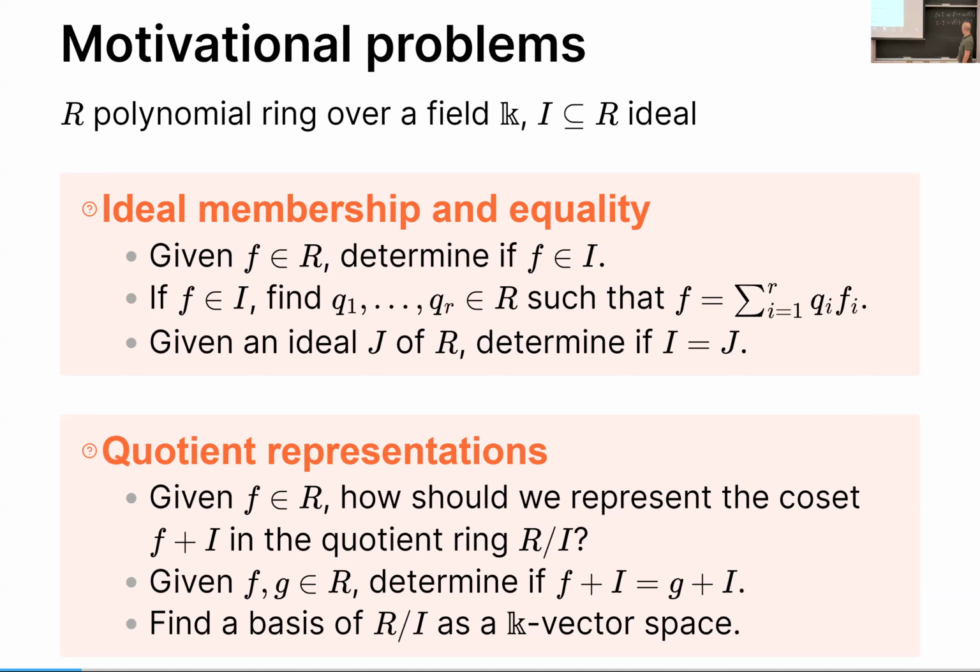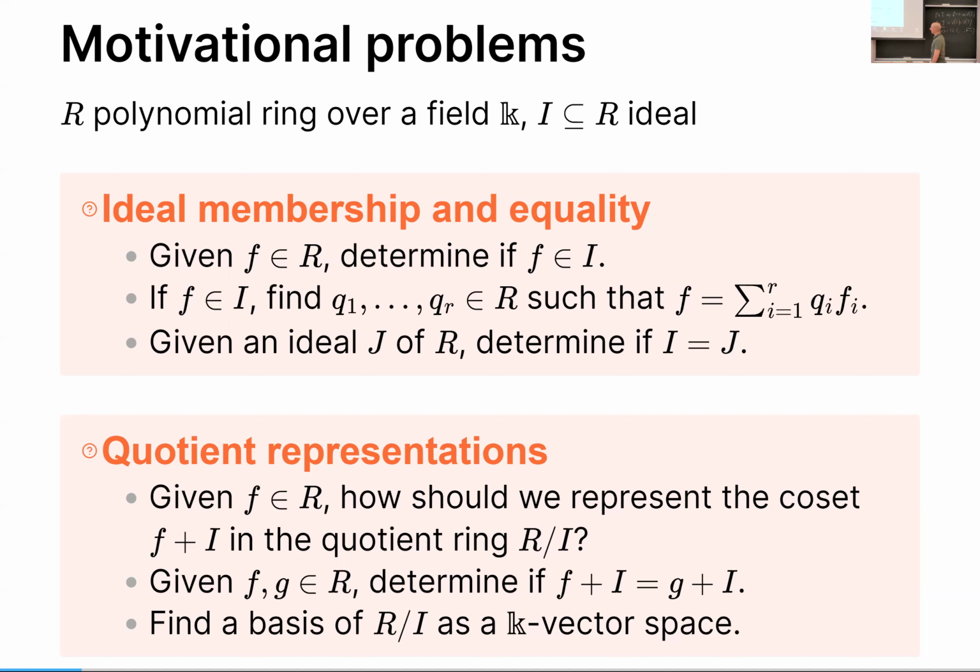If you think about basic examples like the integers modulo some positive integer m, then you have a pretty well-defined choice of representatives. And we wish we could do the same for polynomial rings when we quotient by an ideal. So that's what I'm aiming for here.